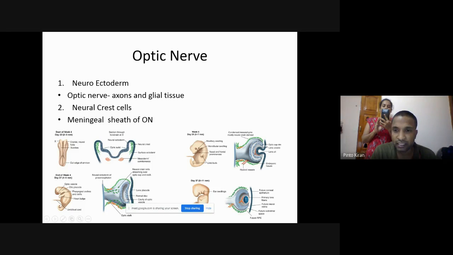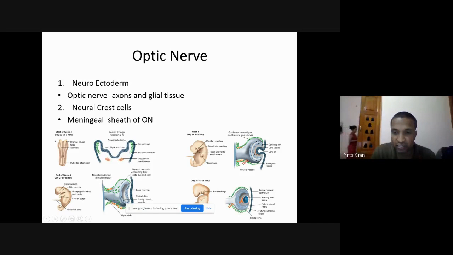This surface ectoderm invaginates into the optic vesicle, and that will completely get detached from the surface ectoderm. Once this is detached, that will form something known as a lens placode. This helps in the formation of the future lens. So the lens arises from the surface ectoderm.